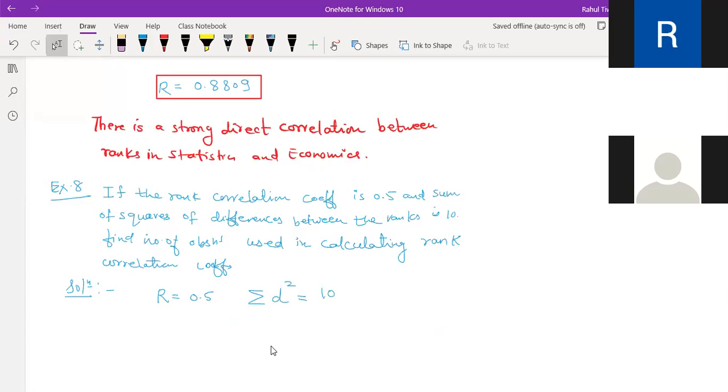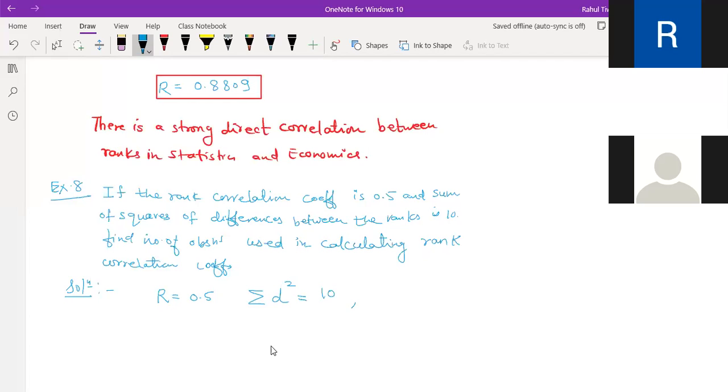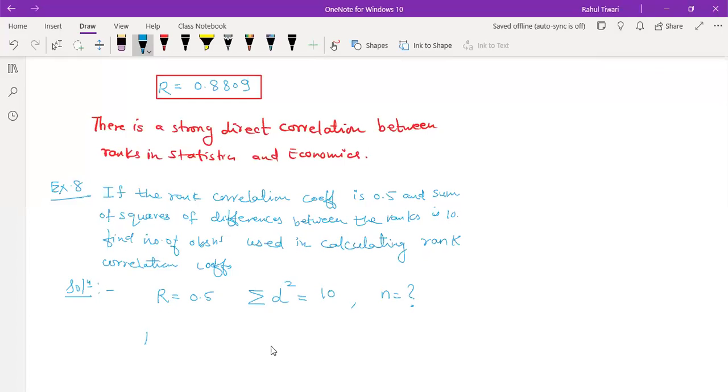What do you have to calculate? The number of observations, that means n. Can you calculate? Try out and let me know whether you are able to find the value of n or not. So use the same formula. R is equal to 1 minus 6 times summation D square upon n into n square minus 1.